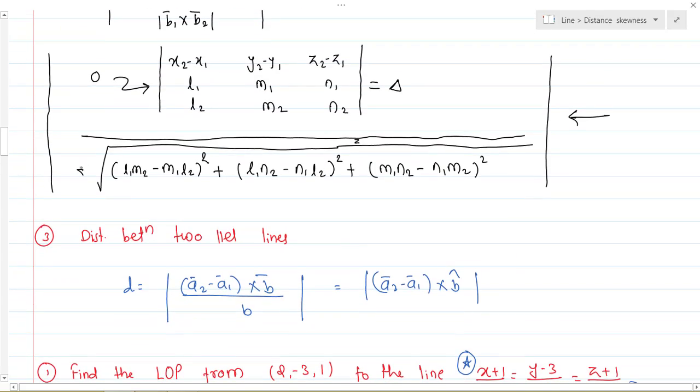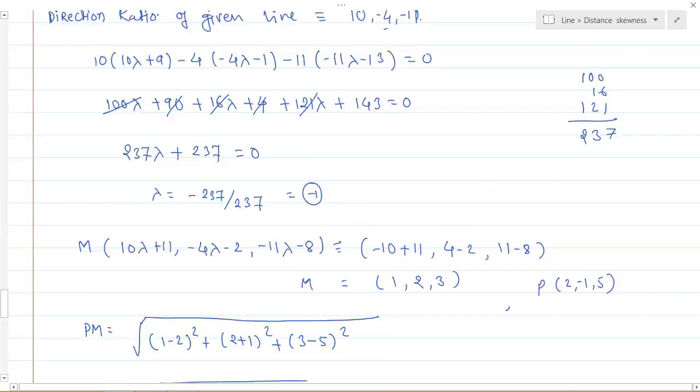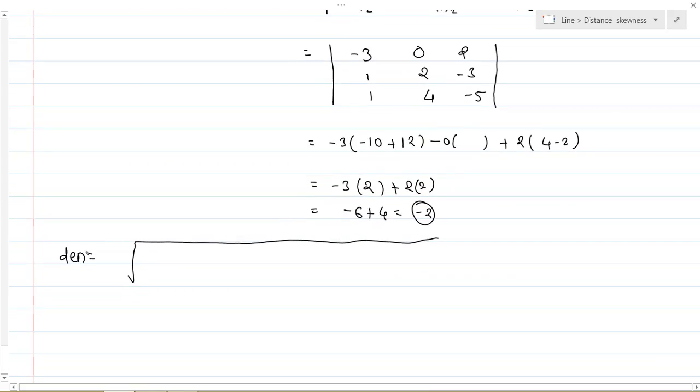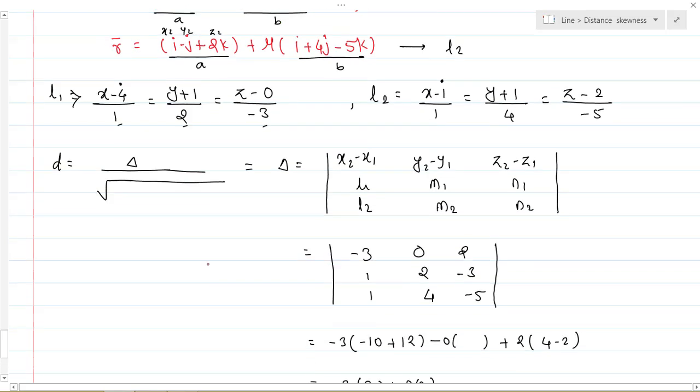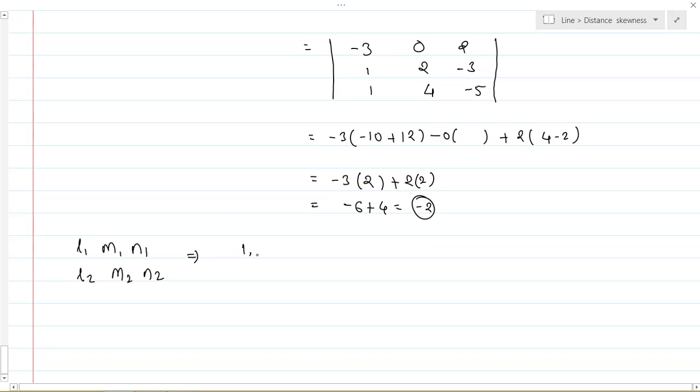So for that purpose, we will write down L1 M1 N1 and L2 M2 N2, which is 1, 2, minus 3 and next we have 1, 4 and minus 5.